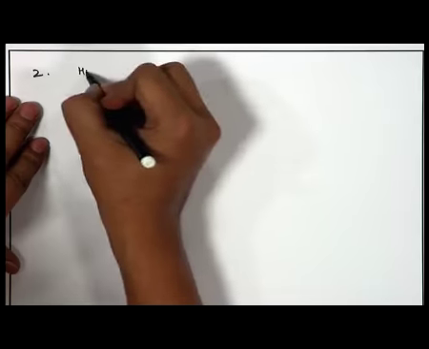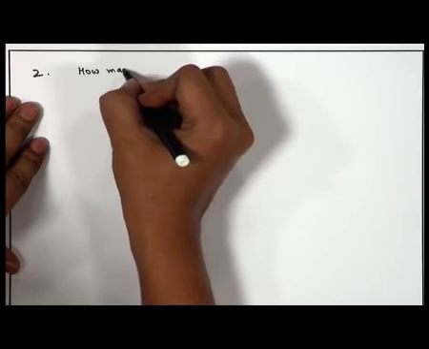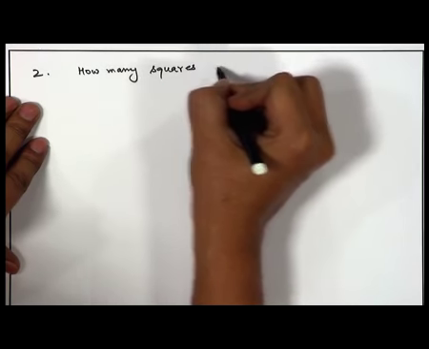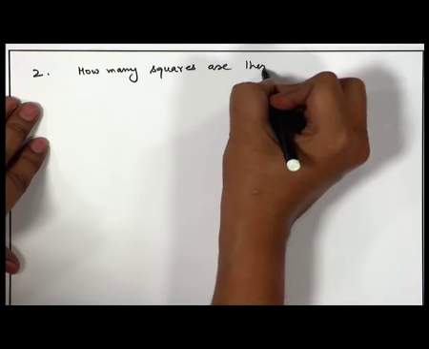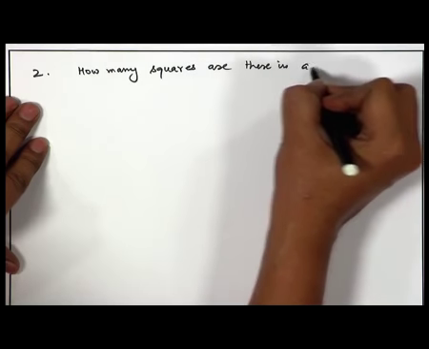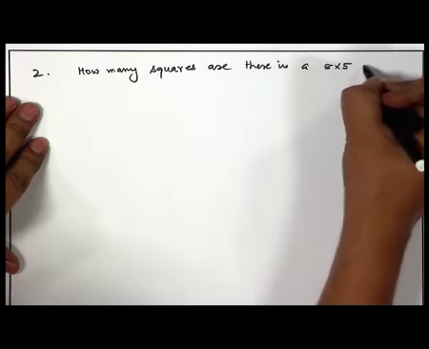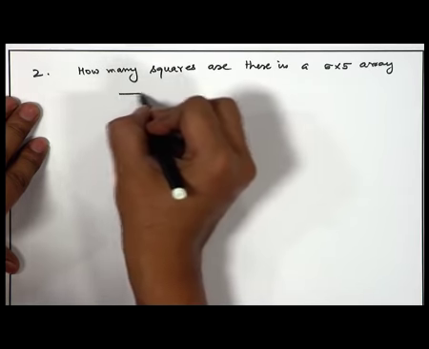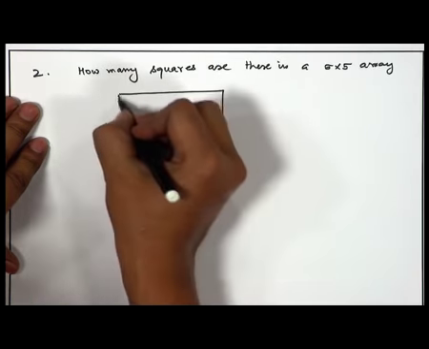So, we can have any kind of such arrangement. So, let us consider, say, how many squares are there in a 5 by 5 array. So, let me just show you by diagram to make it very clear.